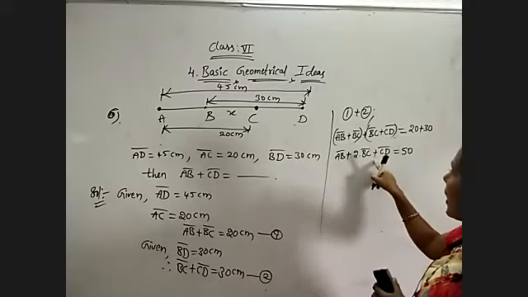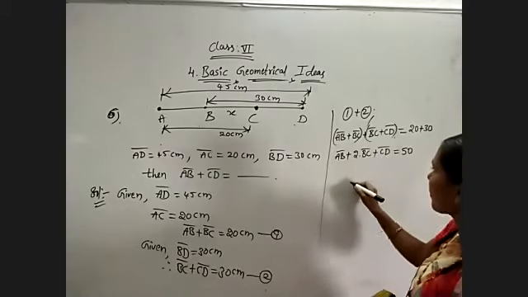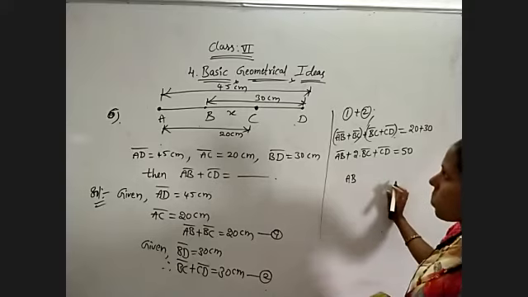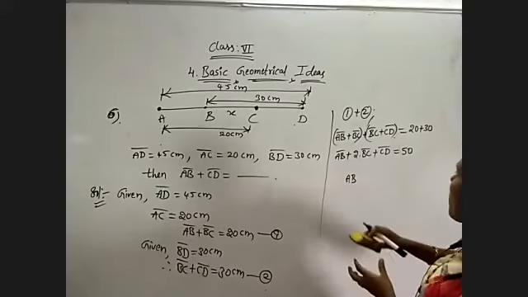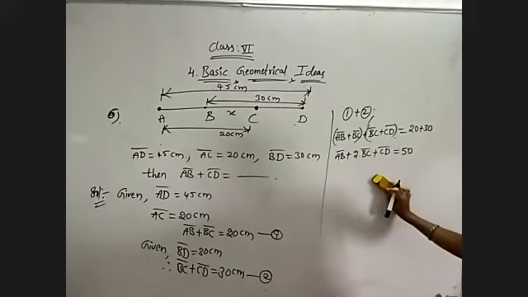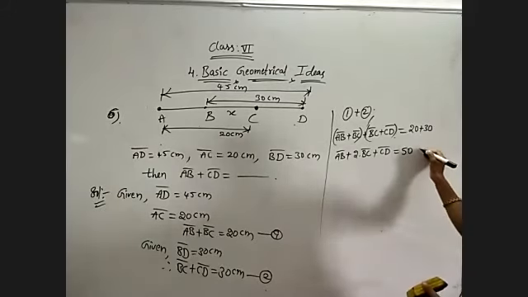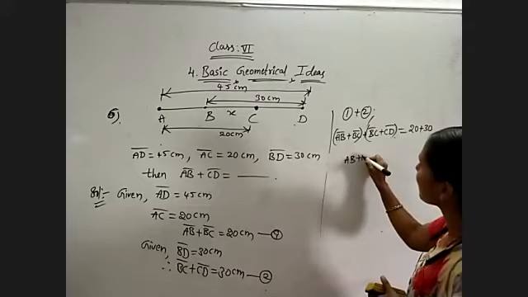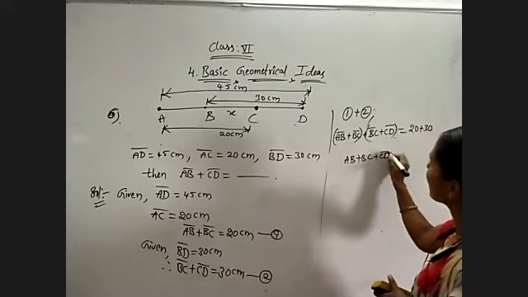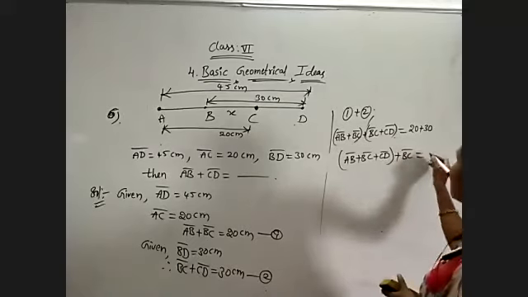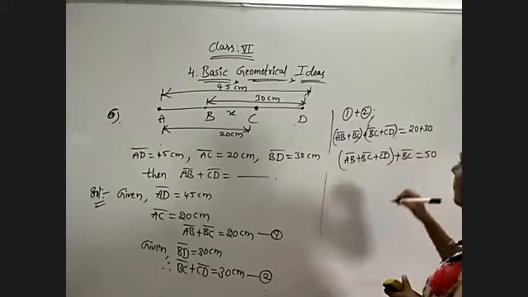Okay. Now, what I am doing, AB plus BC plus CD plus BC is equal to 50.